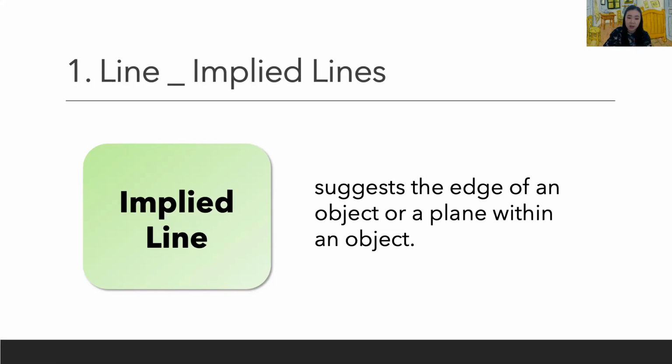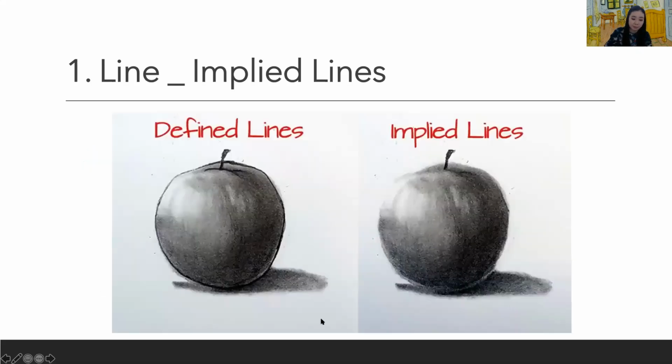So let's see the example. It looks very similar to the circle example, right? The left drawing has a defined line following the apple's outline.